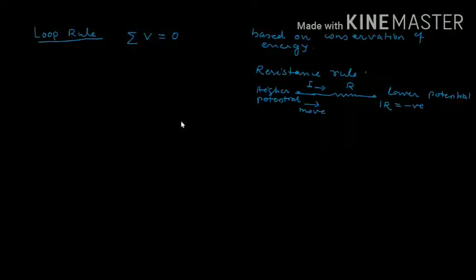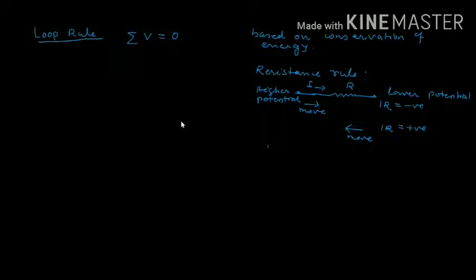Then the product IR is taken as negative. If we move in the opposite direction, it is positive. Suppose we move along this direction, then IR is taken as positive.